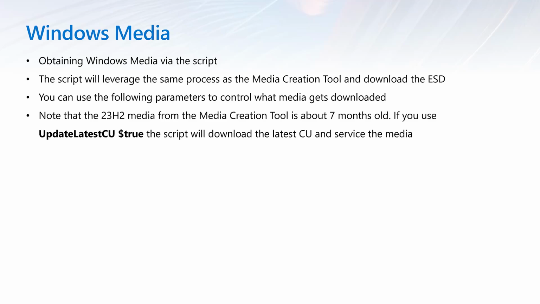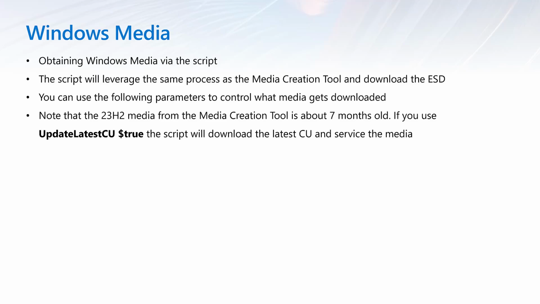But note that the 23H2 media from the media creation tool is about 7 months old. So if you use update latest CU and set that to true, the script will download the latest CU and service the media. But as I mentioned, the latest cumulative update is from July 2024, but the media creation tool is 7 months old.